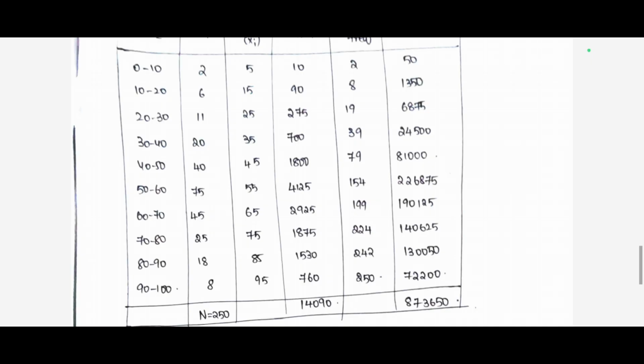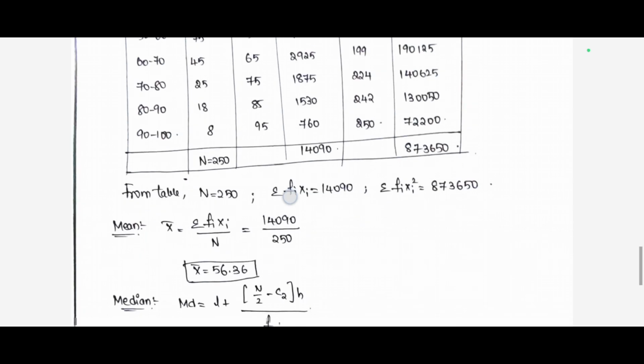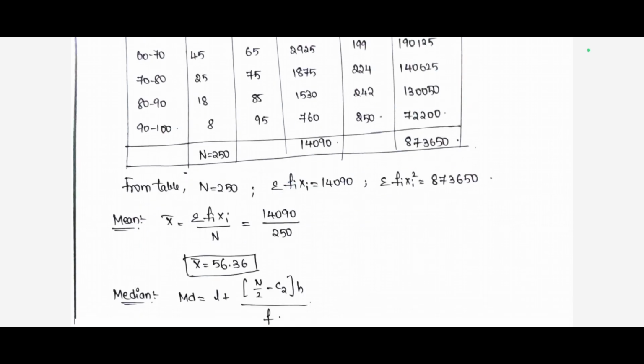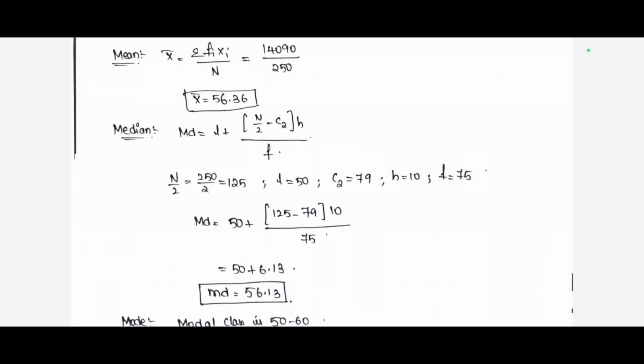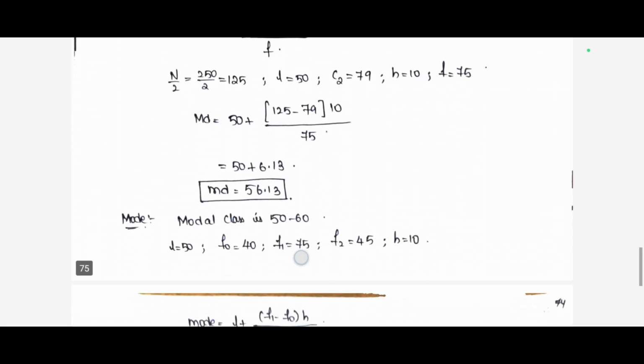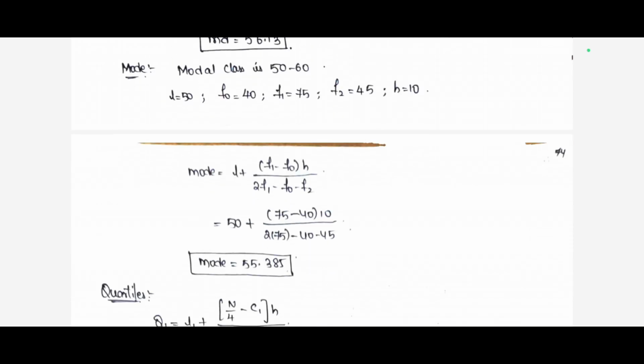Next, the capital N value, which is the total of the frequencies. The mean is 56.56, and the median we got is 56.13. The mode value from the above data we got as 55.385.